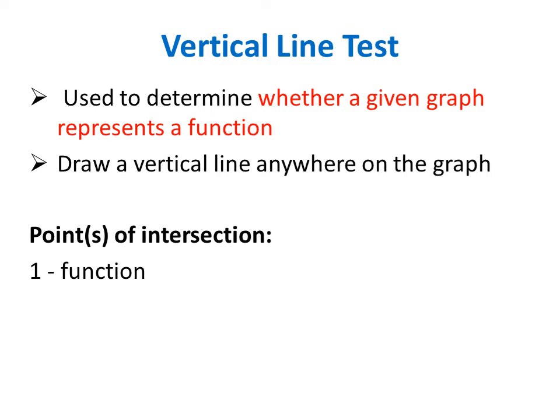If any vertical line has one point of intersection with the graph, the graph represents a function. But if any vertical line has two or more points of intersection with the graph, it does not represent a function.